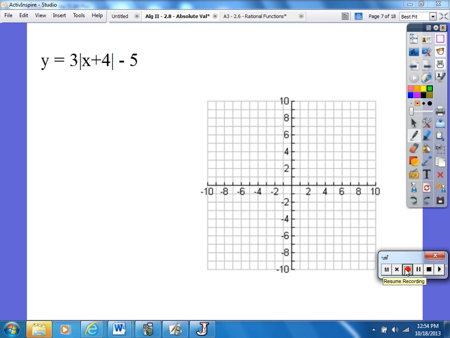Are you ready to graph it? Let's check. Let's pick on people that haven't tried. Sabrina, what's the vertex? That's perfect, because she switched the sign of what's inside. She kept the sign of what's outside. I told you you're going to hear that a lot, didn't I?